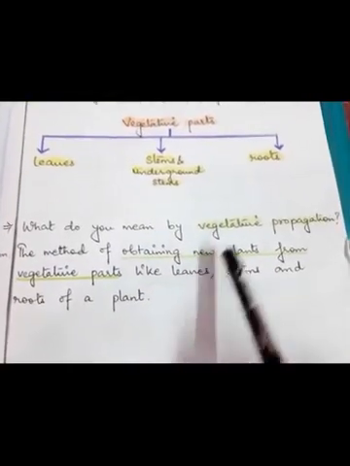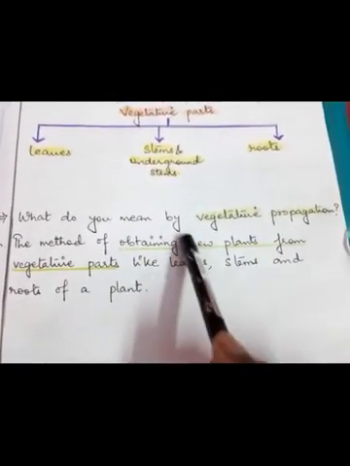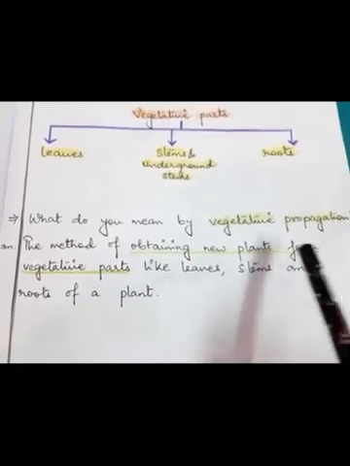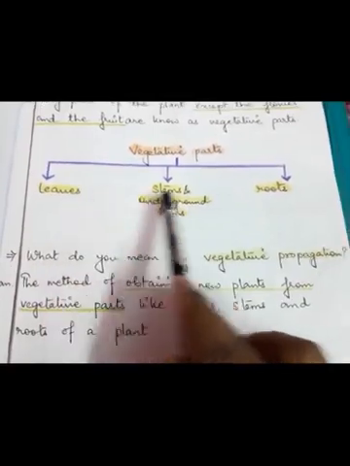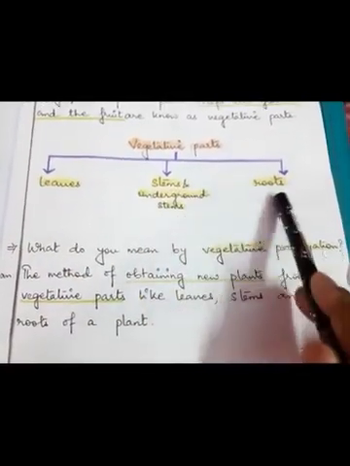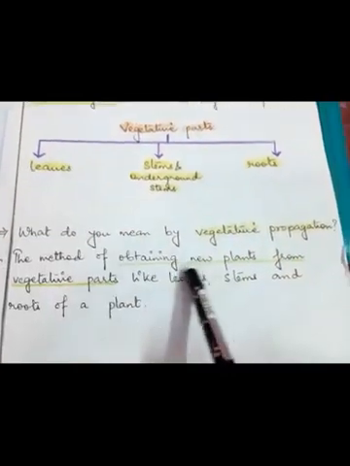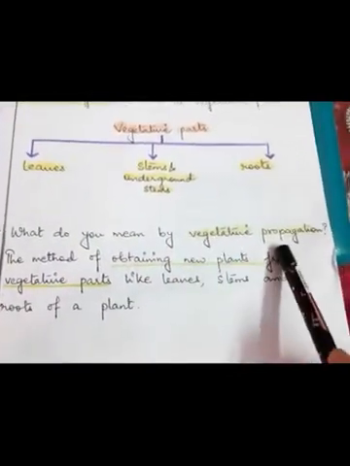Then what do you mean by vegetative propagation? It is the method of obtaining or growing new plants from vegetative parts, that is, leaves, stems, underground stems and roots. So when I use these parts to grow a new plant, that method is called vegetative propagation.